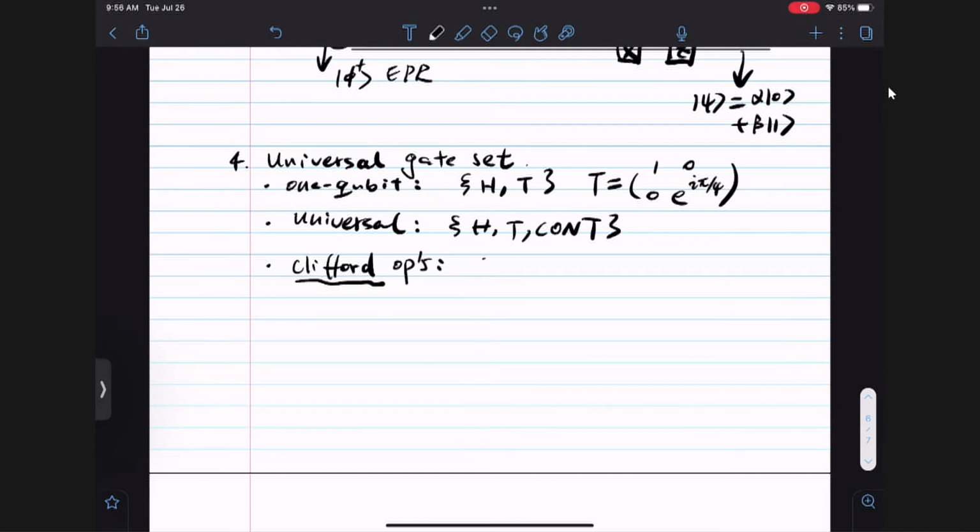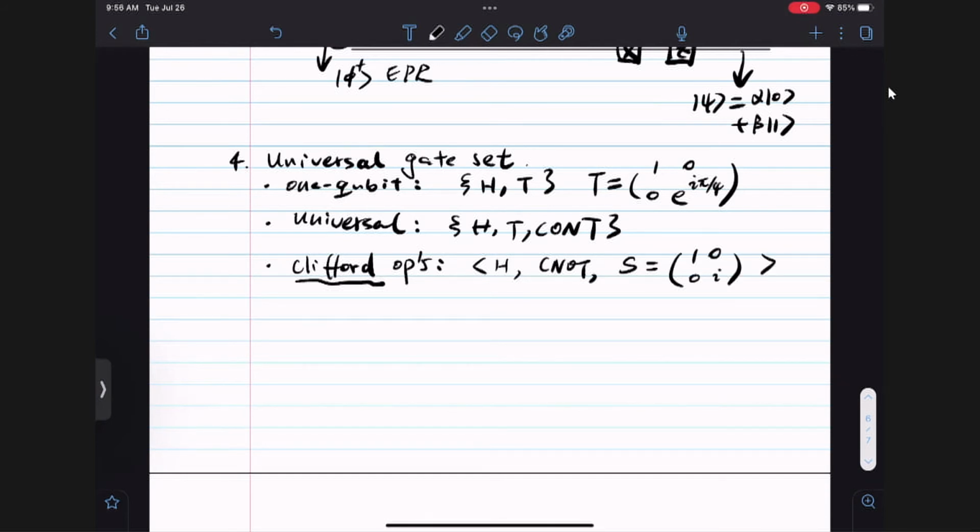And these are going to be the circuits or operators you can generate by composing Hadamard and CNOT and another gate called the S gate, which is just introducing a phase i on gate 1.